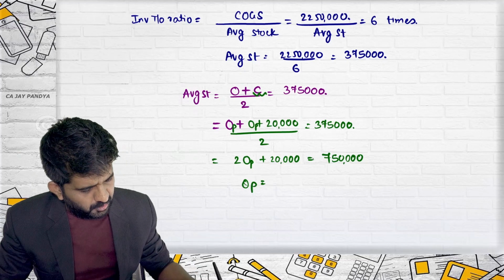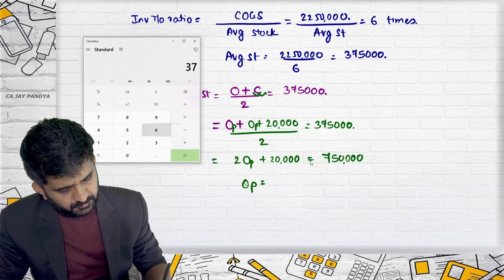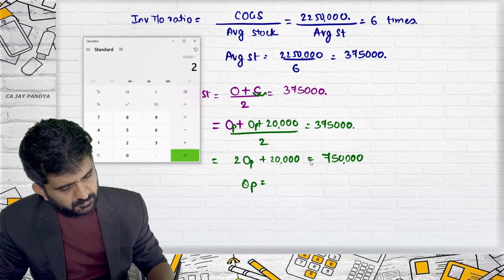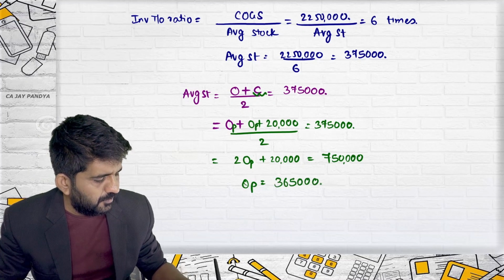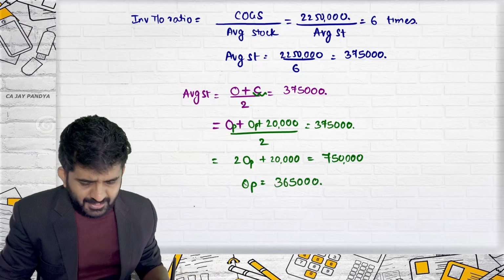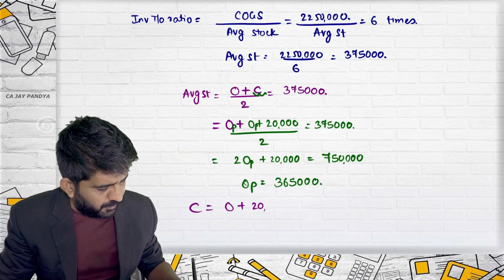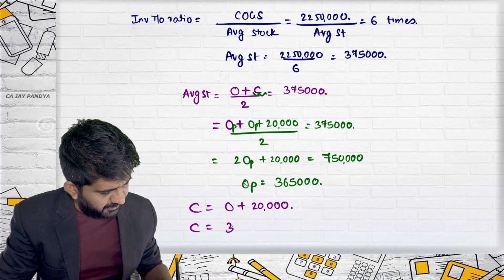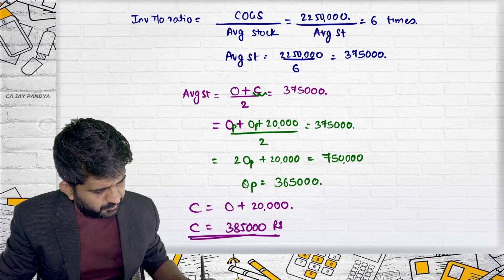Opening stock will be 7 lakh 30,000 divided by 2, which is 3 lakh 65,000. And closing is equal to opening plus 20,000, so closing will be 3 lakh 85,000.